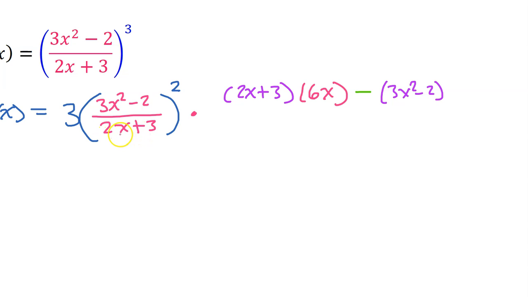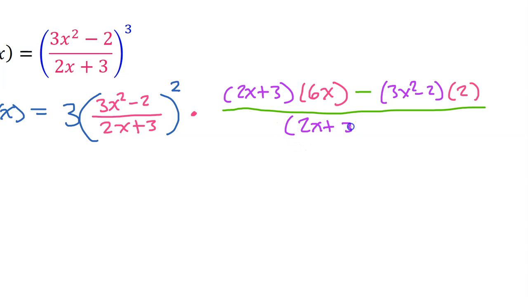So that's going to be just 2. Okay, so I've got low d high less high d low. Draw the line, and down below, the bottom squared will go. So you see the bottom sitting there, so we'll just put 2x plus 3 squared.